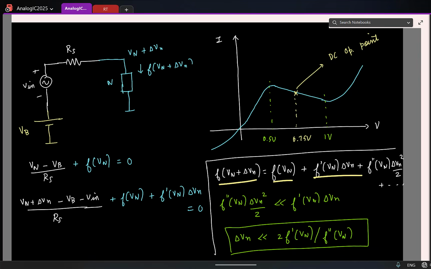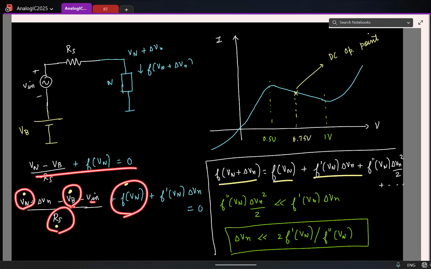So now let's see how to solve for this. If I look at it here, I have Vn, Vb, Rs, f of Vn. I already know that sum of all this is 0. Here I see Vn minus Vb by Rs plus f of Vn, that is 0, which means I can knock off those terms.